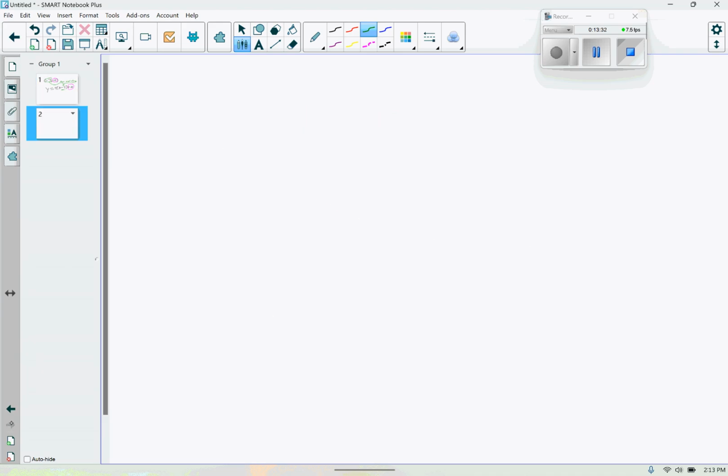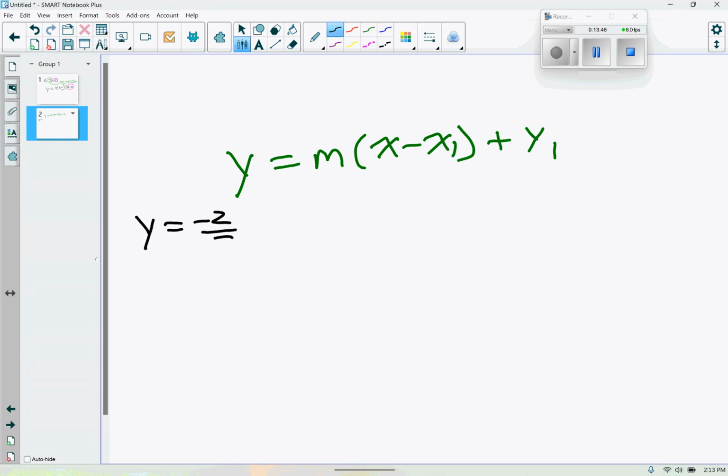All right, so let's decompress what we did. So if I have an equation that looks like this, let's say I have y equals negative 2 over 3, x plus 4 minus 7.